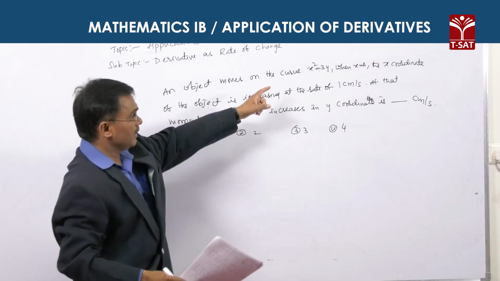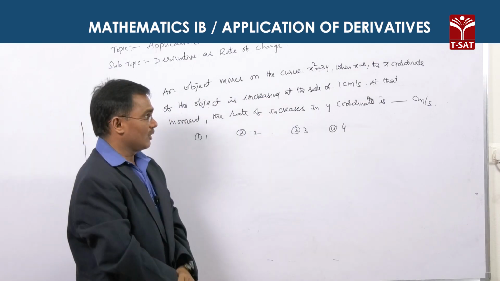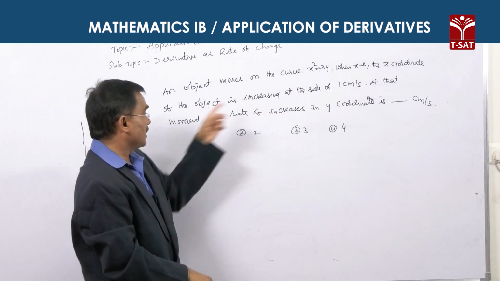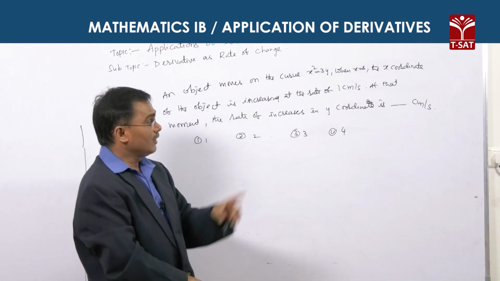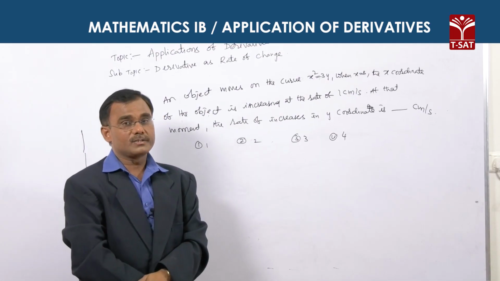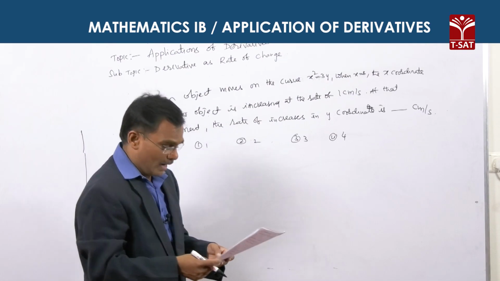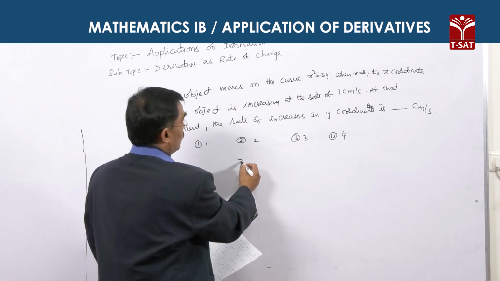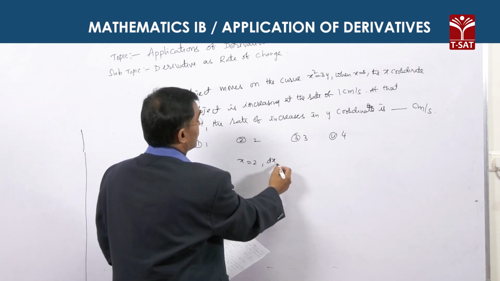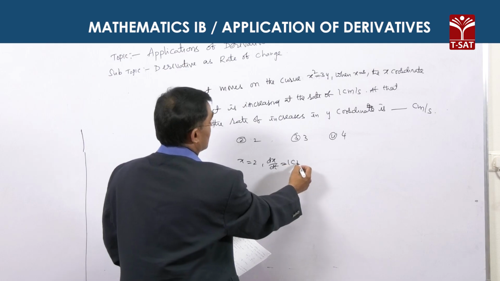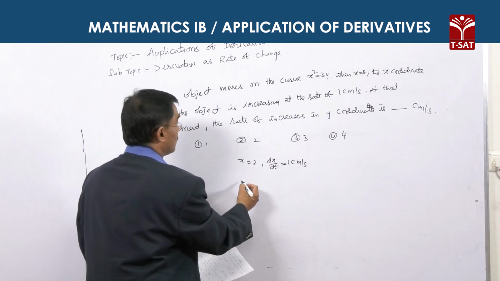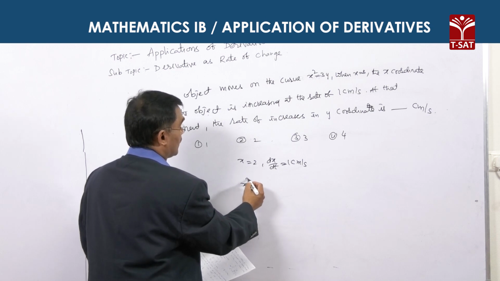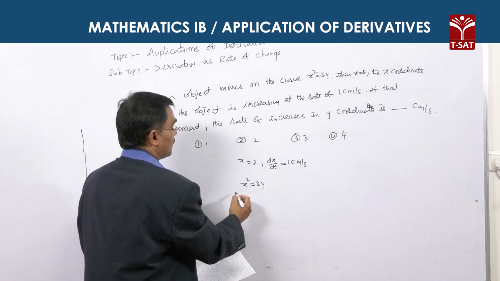An object moves on the curve x square is equal to 3y. At x equal to 3, x is increasing at the rate of 1 centimeter per second. Then asking find the rate of the increase in the y coordinate. Right. What is given here? x is equal to 3 is given. Rate of the change in x coordinate dx by dt is 1 centimeter per second is given, and the rate of the change in y coordinate is asked. The object is moving on the curve x square is equal to 3y.